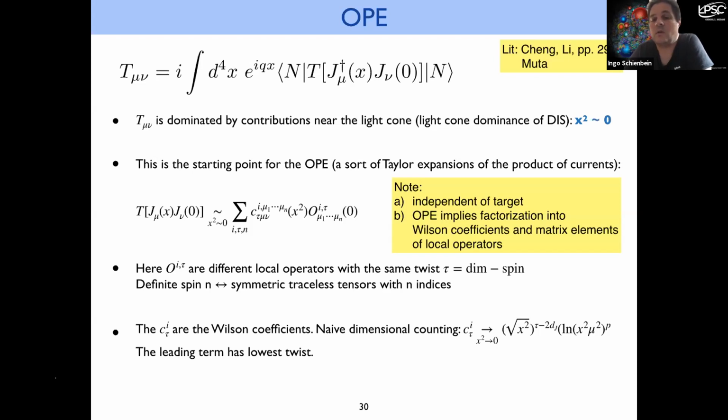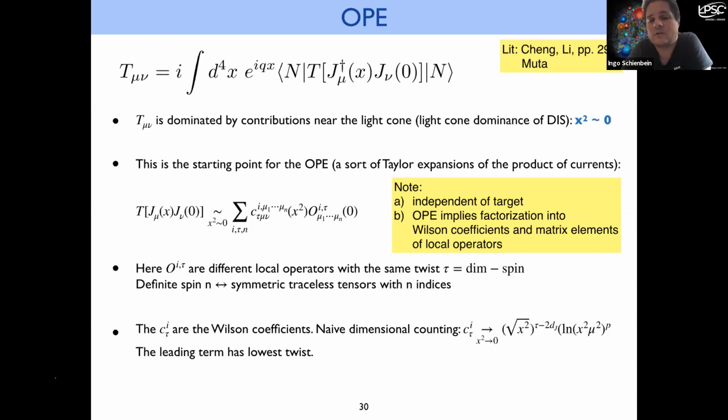Overall, the exponent will be negative, and if we have a big twist, it can even be positive and not singular at all. But the dominant contributions come whenever tau is as small as possible. So the leading term has lowest twist. And so what we often do, also in the parton model, is only look at the leading twist 2, which gives the dominant contribution to this series.